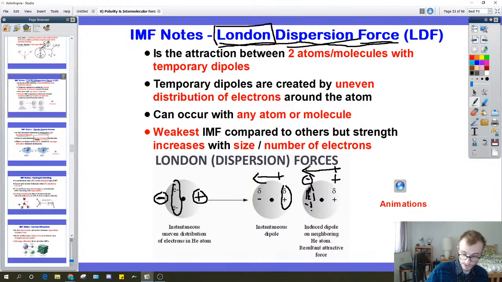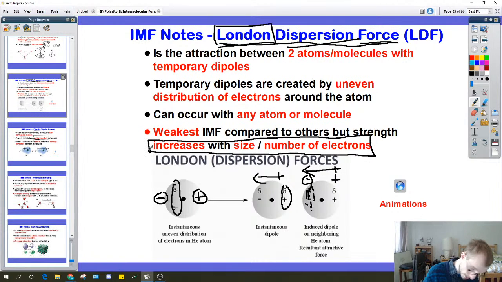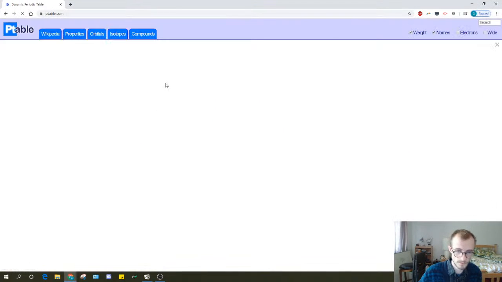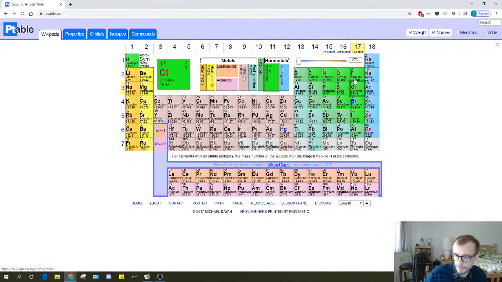the strength of this domino effect increases with the size of the atom or molecule, and also just in general with the number of electrons. So for example, let me pull up the periodic table. If I was comparing chlorine and bromine, chlorine is higher up on the periodic table. It only has 17 electrons, whereas bromine has 35 electrons.